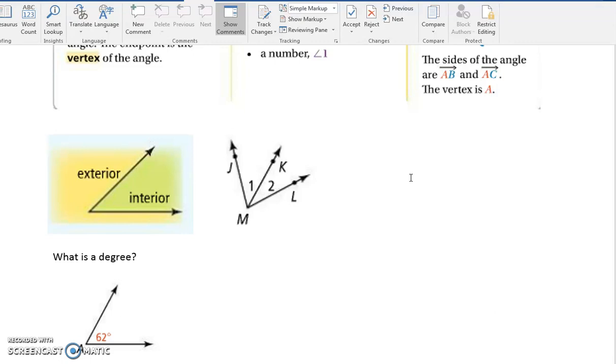Can we think of another way to name angle 1? What's another way to name angle 1? It's the one on the left side here. We could use the 3-letter system. So angle JMK, where J, M, K are 3 points that surround it. M is the vertex of that angle.